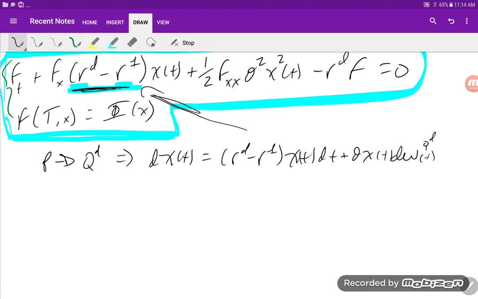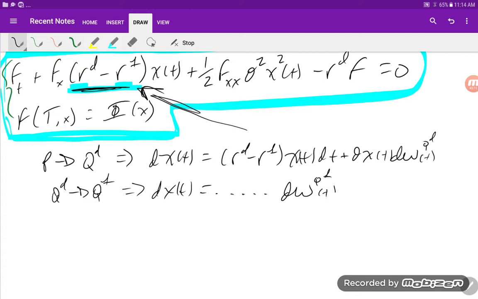But then, importantly for the eventual solution, I'll also show you how to move from Q D to Q F, and then get dW Q F. That'll be important for the solution.